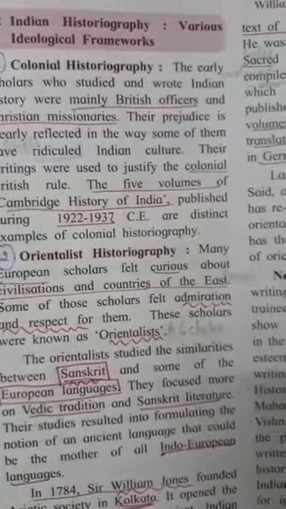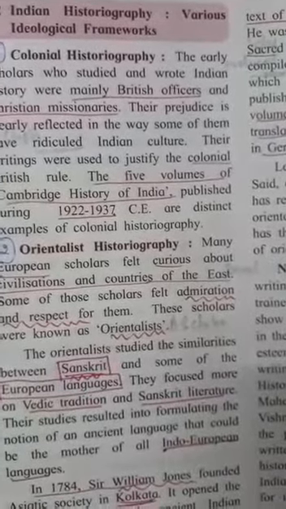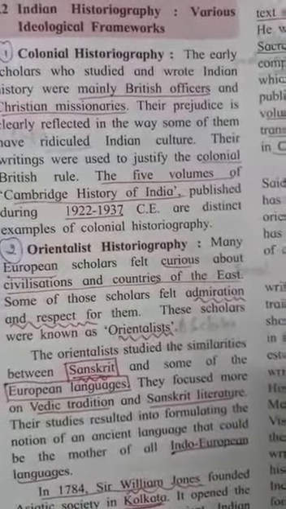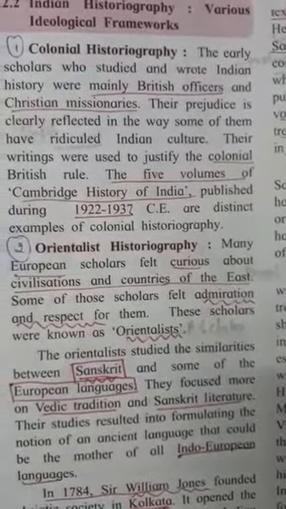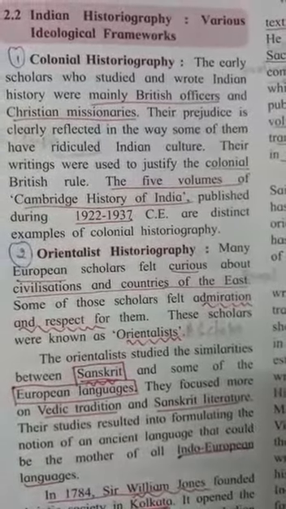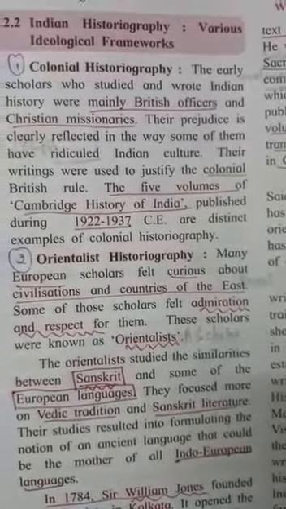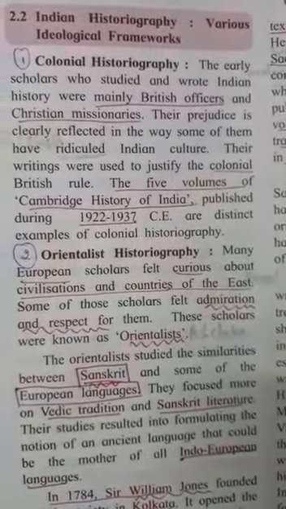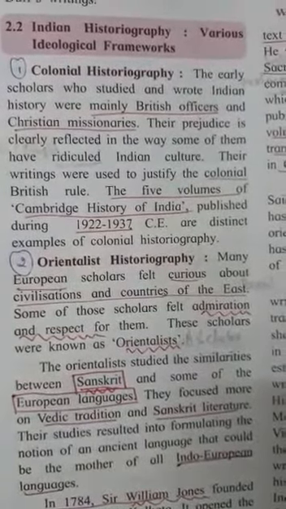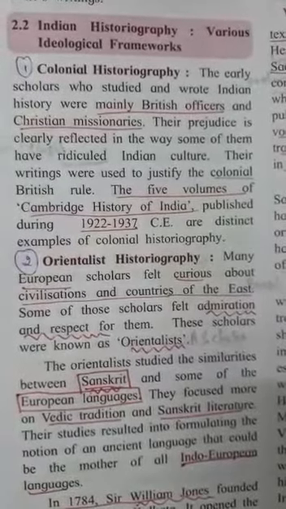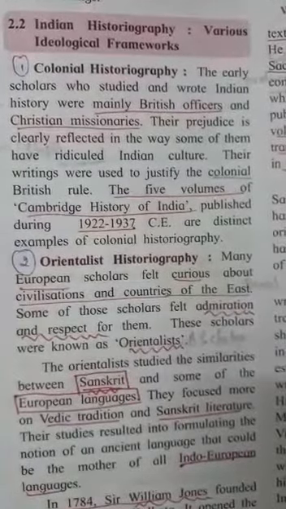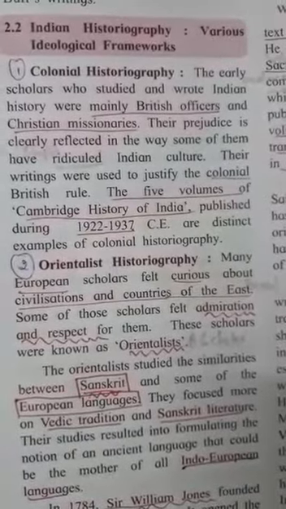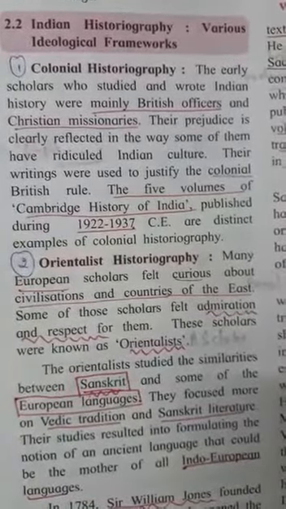Then another scholar, Frederick Max Muller, said Sanskrit was the oldest language of the Indo-European family. He had great interest in Sanskrit literature. Who had great interest in Sanskrit literature? That is scholar Frederick Max Muller.